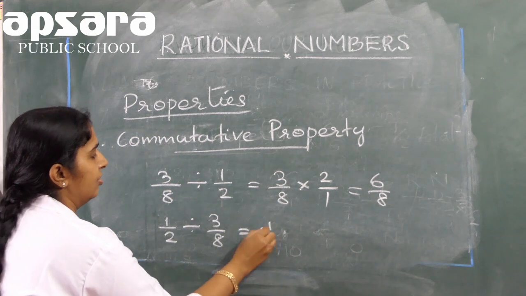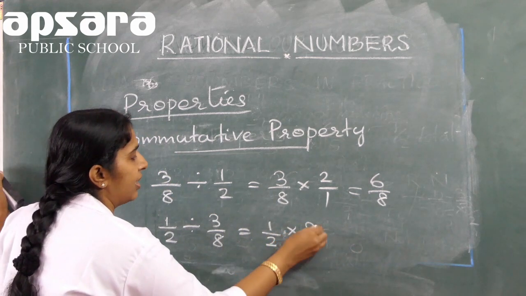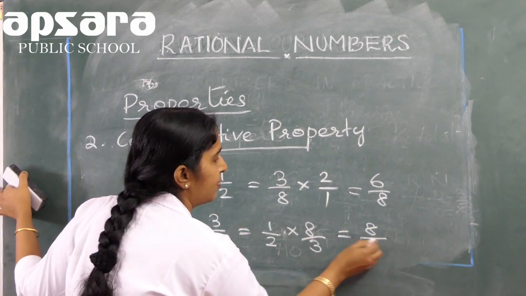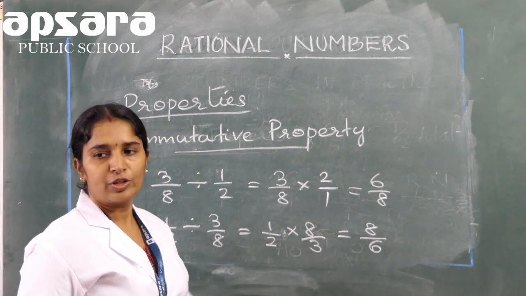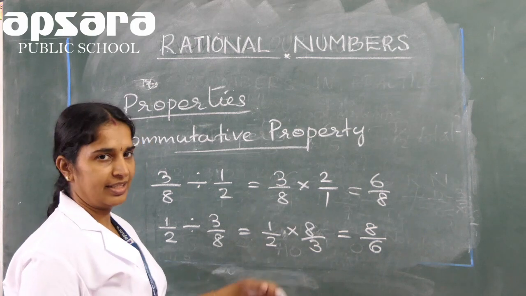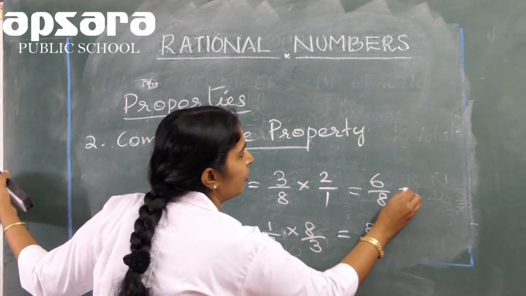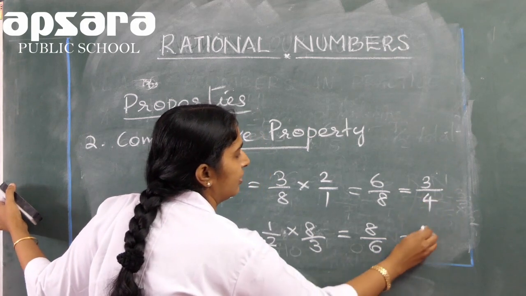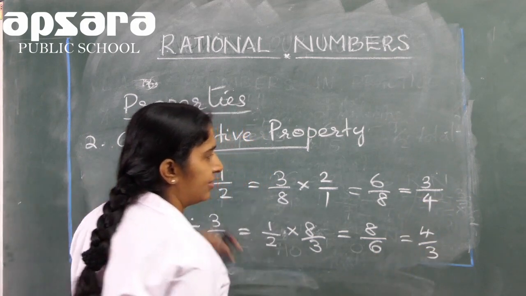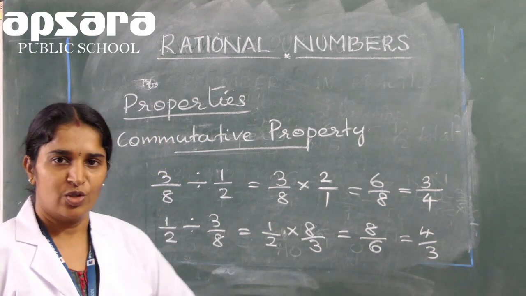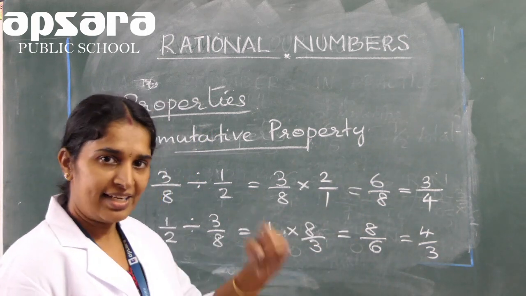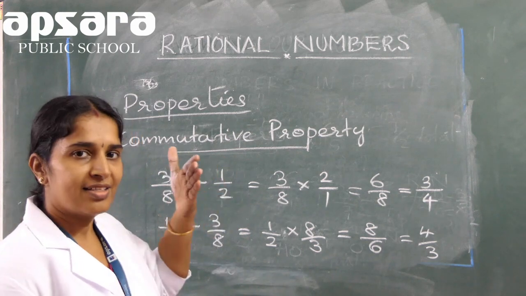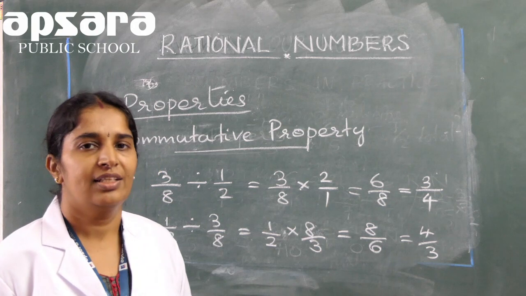Here 1 by 2 into 8 by 3, which is equal to 8 by 6. Whether both are same? No, they are different, right? And if you simplify, you will get 3 by 4. This is 4 by 3. They are not equal. So, tell me, addition and multiplication is commutative, whereas subtraction and division is not commutative.